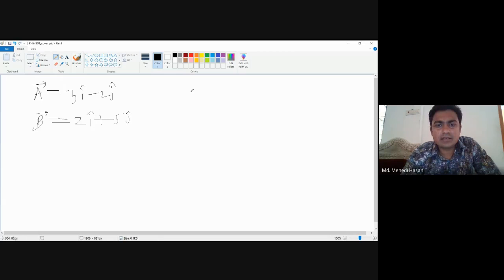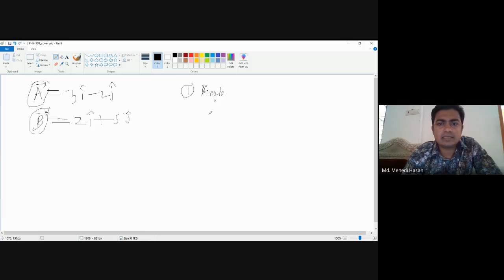Say the first question is given: find out the angle produced by vector A with the positive x-axis, and also the angle produced by vector B with the positive x-axis.